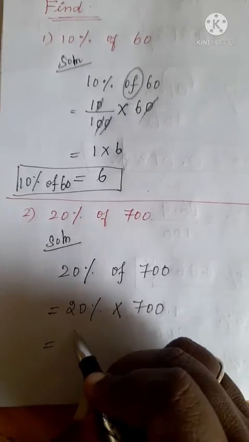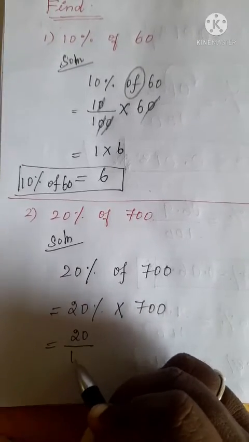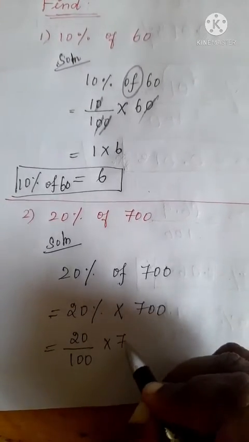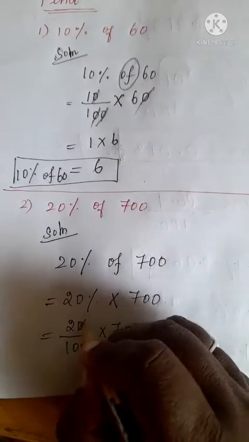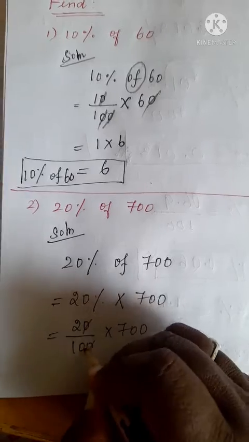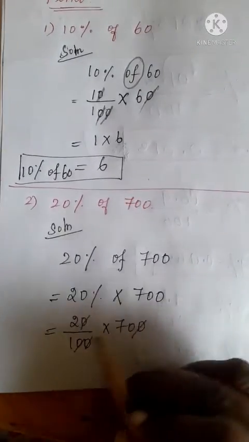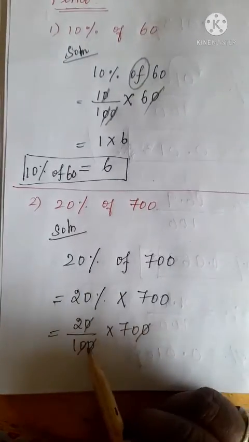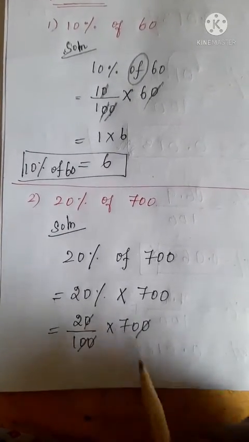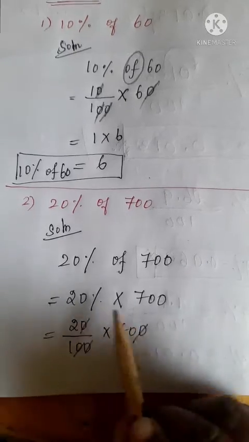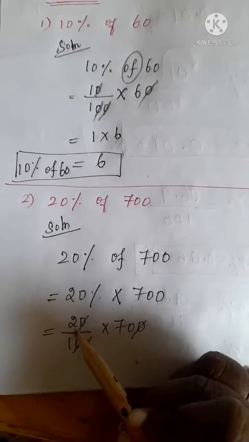So 20%, how can you write? 20 by 100 into 700. Easily you can simplify this. The zeros can be cancelled. Easily division it is. Or, ma'am, I will divide 100 by 100, and 7 times 100 is 700. Like that also you can divide.